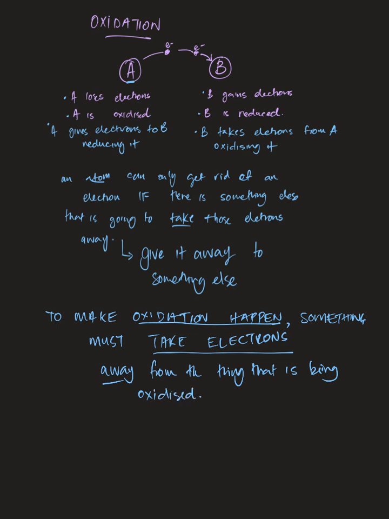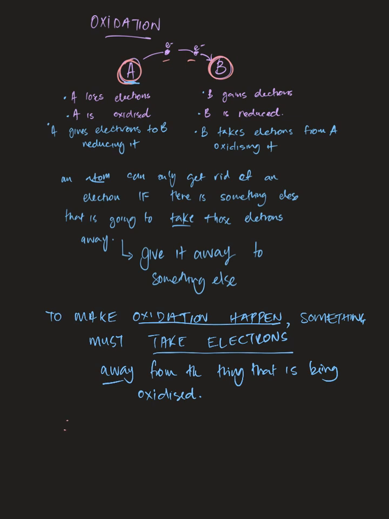So what's causing this whole oxidation process is that you have here in our diagram A. Here's another color. I've got A over here, and A is trying to get rid of these electrons. And we've got B over here, and B takes those electrons.